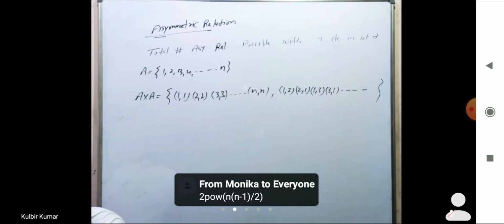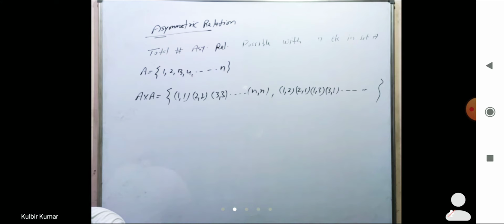Okay, Monica is saying it is 2 power n into n minus 1 by 2. But I think it is not the correct answer. It is nearby, but it is not the correct answer.